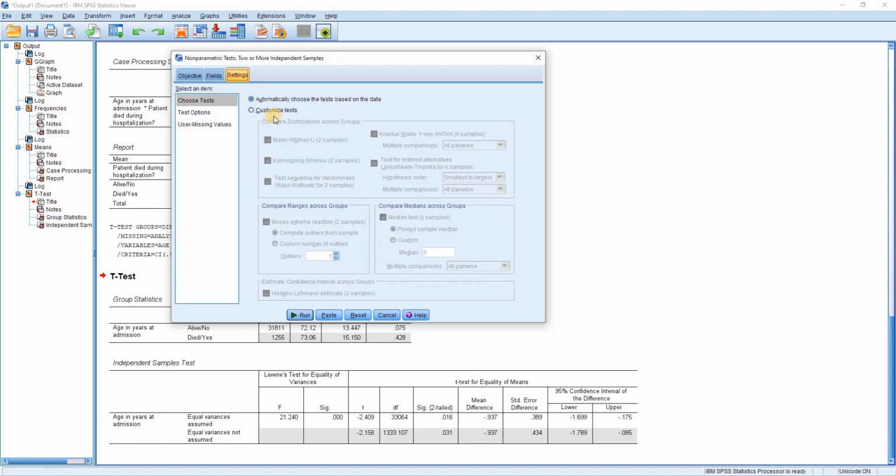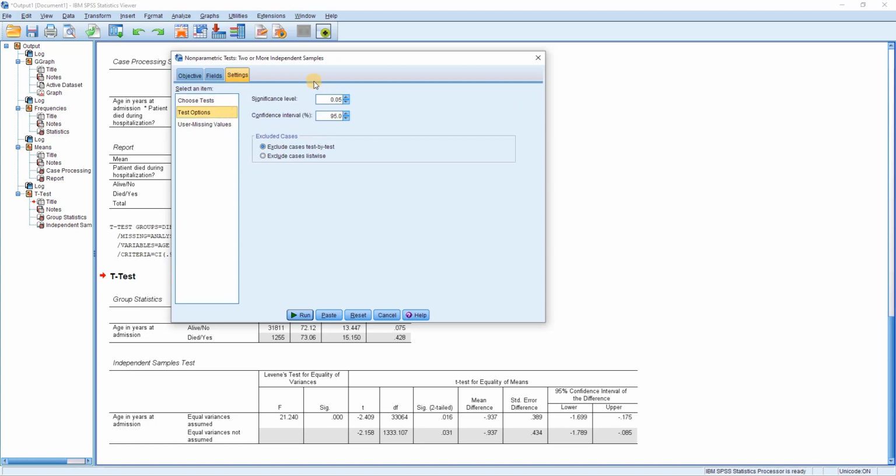Okay. And what I am going to do next is, instead of automatically choosing tests based on the data, which I do not want SPSS to do, I only am interested in this situation in the Mann-Whitney-U. So you'll go ahead and choose Customize Tests and then enable the Mann-Whitney-U.